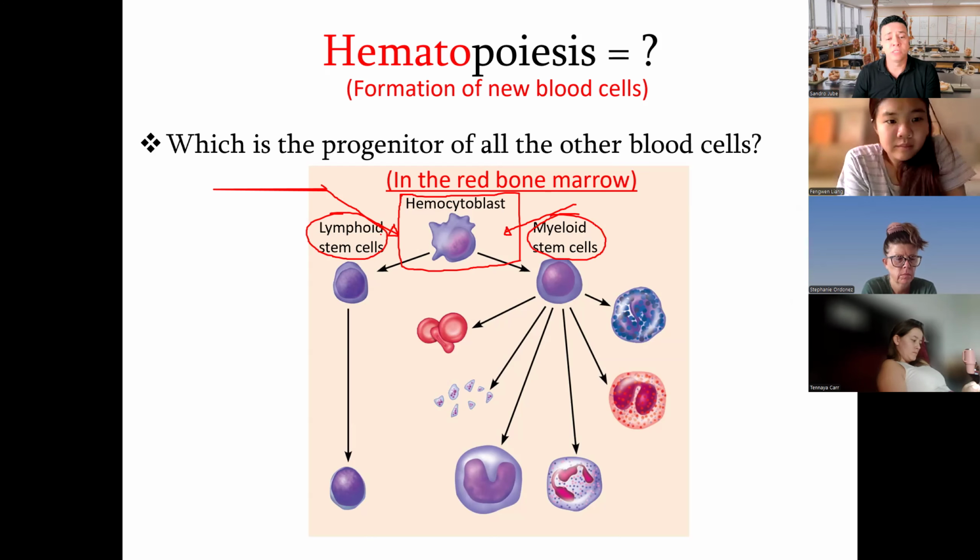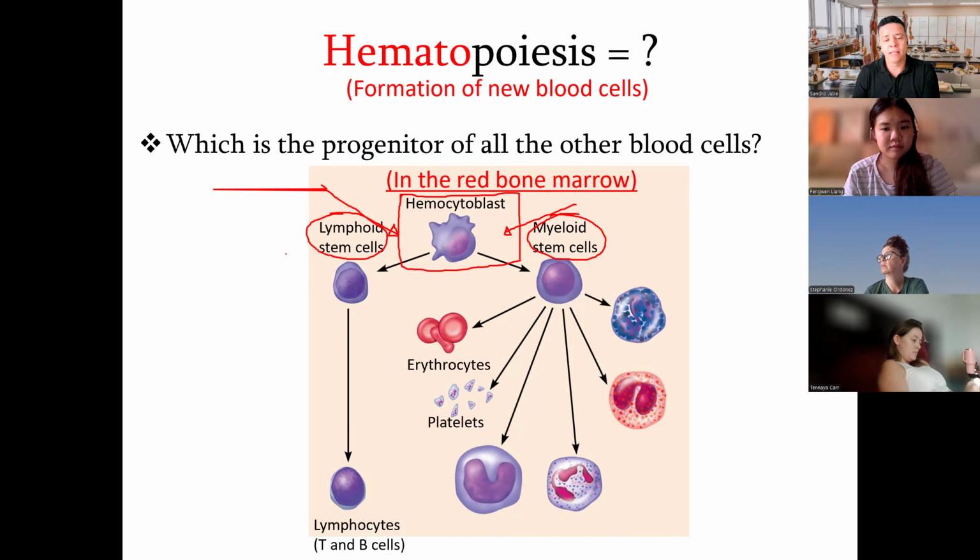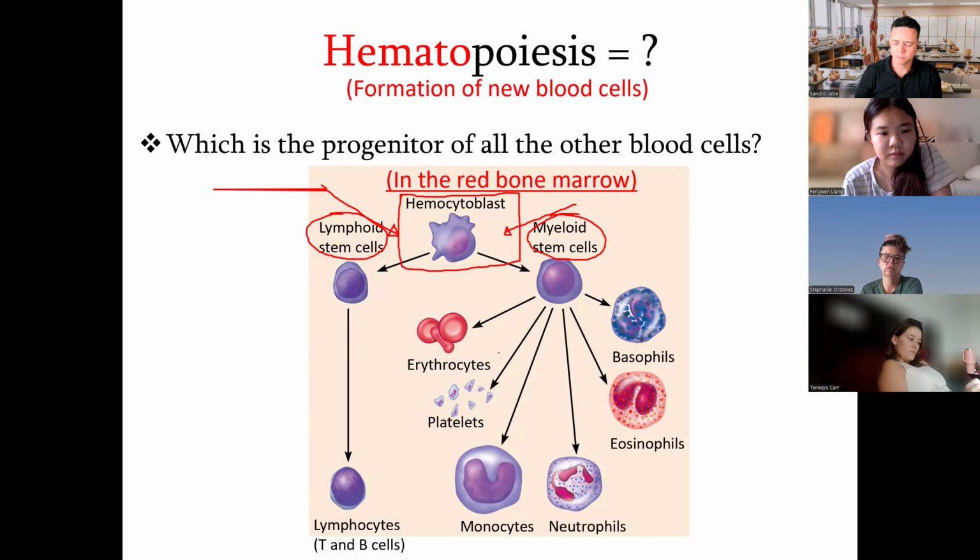The lymphoid stem cell will become the lymphocytes, T cells, and the B cells. The myeloid stem cells are going to become the other blood cells, the erythrocytes, platelets, and the different types of white blood cell, macrophages, monocytes, eosinophil, basophil, etc. Okay?